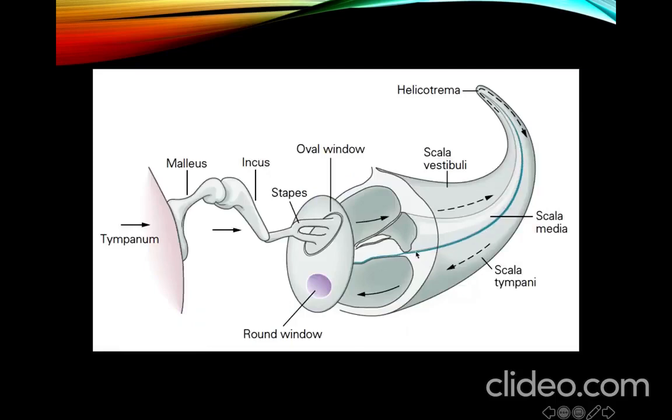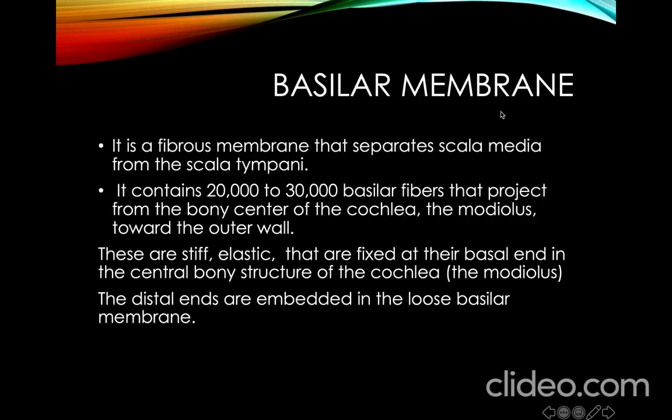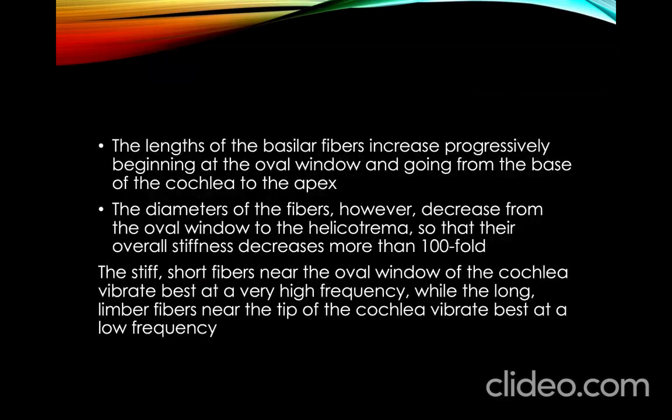The fibers of the basilar membrane which are near the oval window, at the basal end, are shorter and their diameter is more, while the fibers near the apex are long and their diameter is small, and the fibers in between these two points are of intermediate diameter and intermediate length.